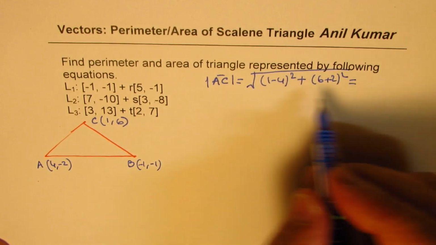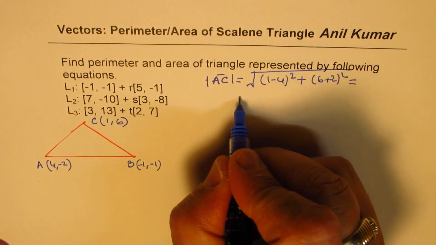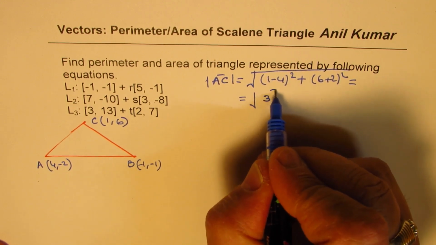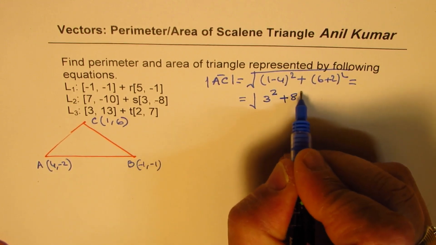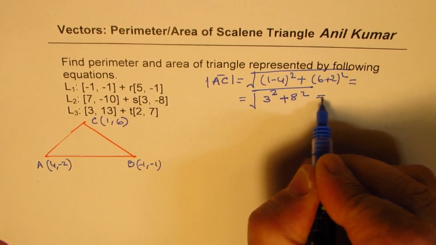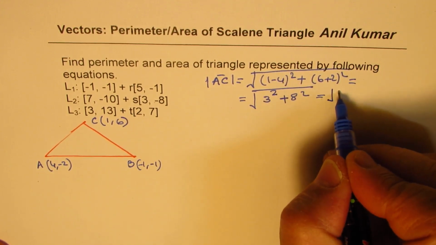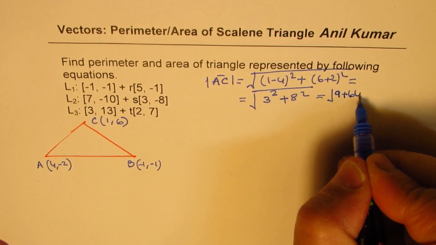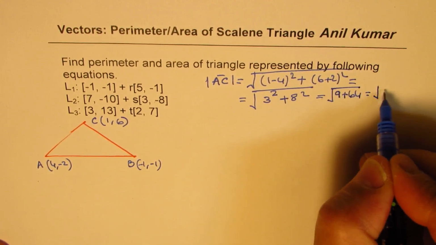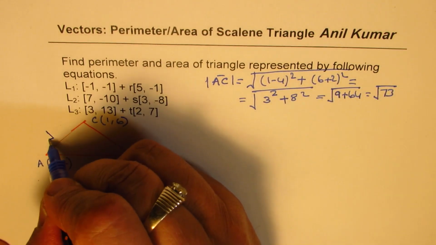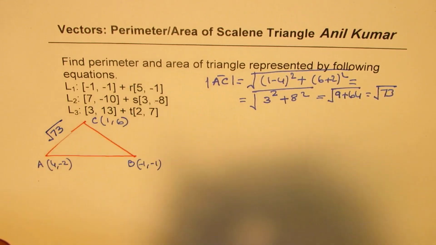And that gives you square root of 3 square plus 8 square, right? So 64 plus 9, which is square root of 73. So A to C is square root of 73.